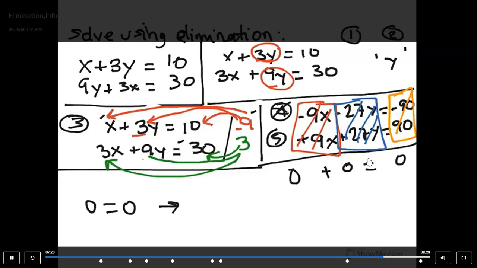As you know, when the left side is equal to the right side, the system has infinite or many solutions.